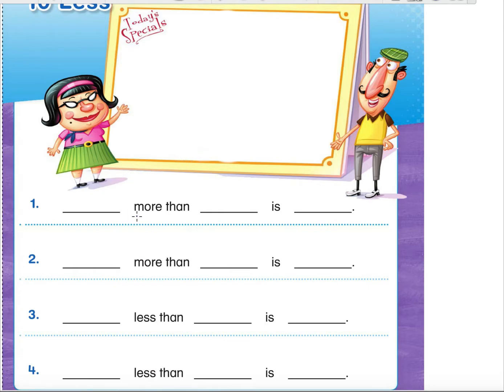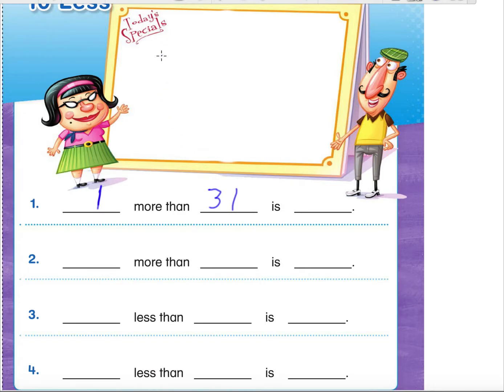So let's jump into this. And this first one says, okay, it's blank more than blank. We're going to write what is 1 more than, let's make it 31.